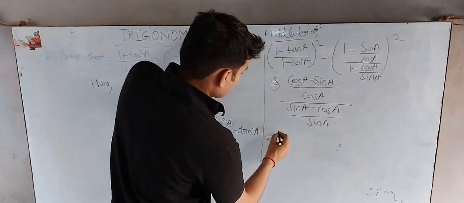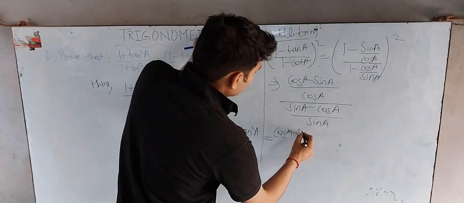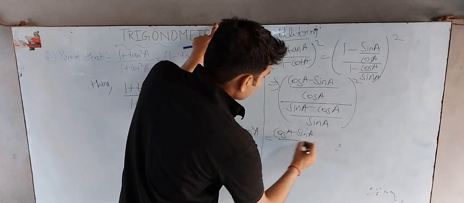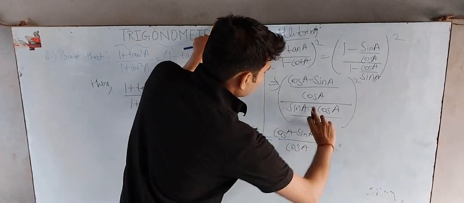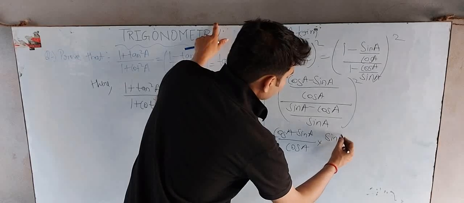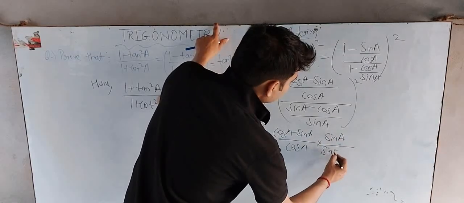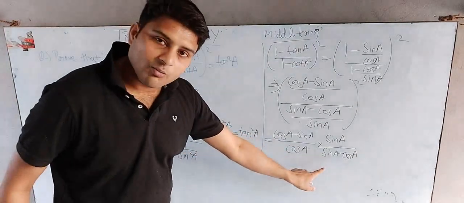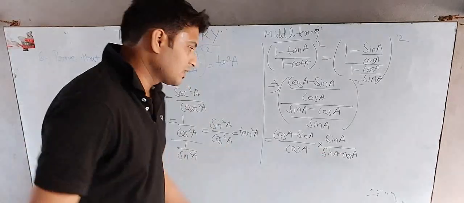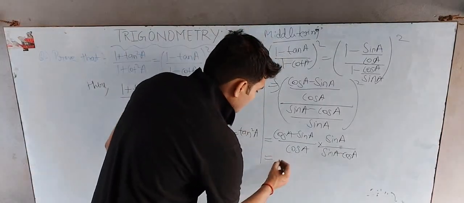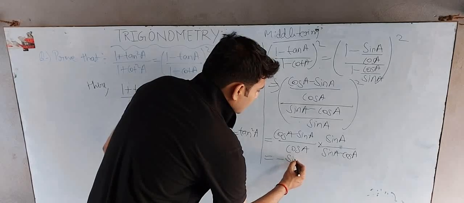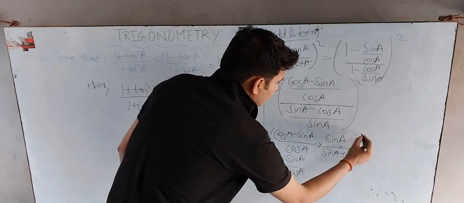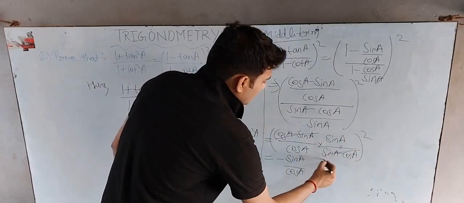which will be equals to cos A minus sin A upon cos A into sin A upon sin A minus cos A. Now if we take minus sign common here, then you will get cos A minus sin A. So therefore here we have minus sin A upon cos A, as this will give minus 1.